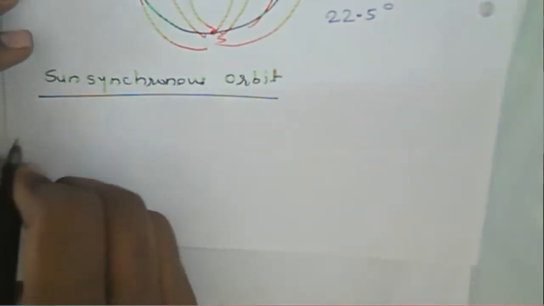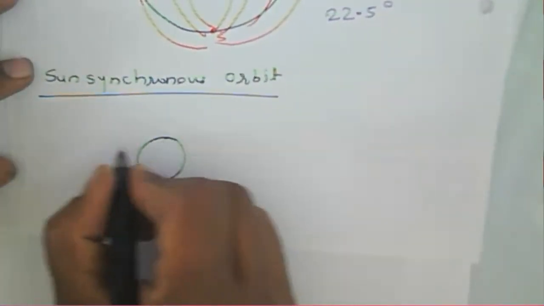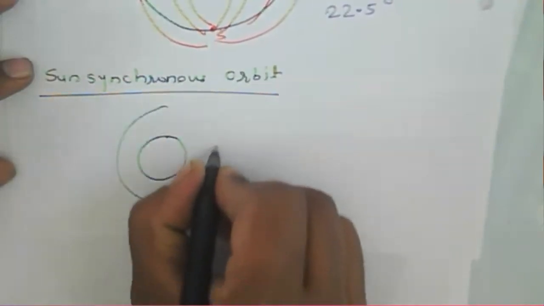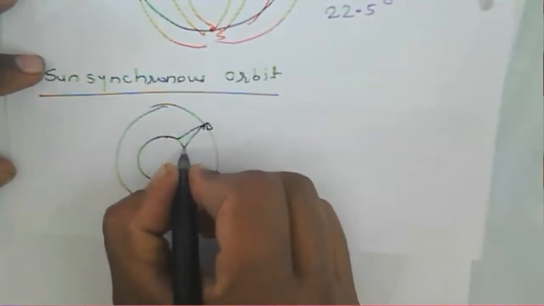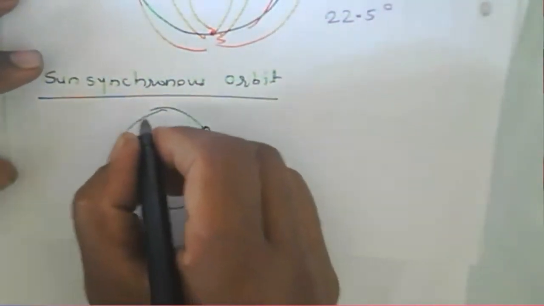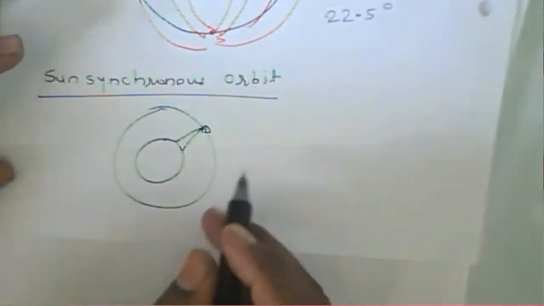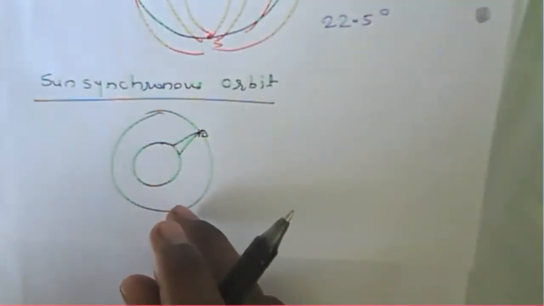Here we have the Earth and this particular orbit. Here it covers this particular area, so it takes one rotation to cover this particular Earth surface.